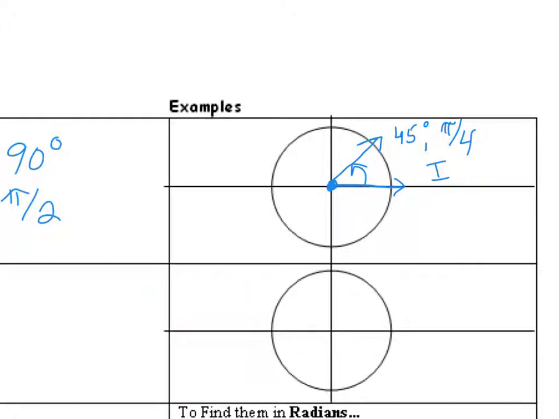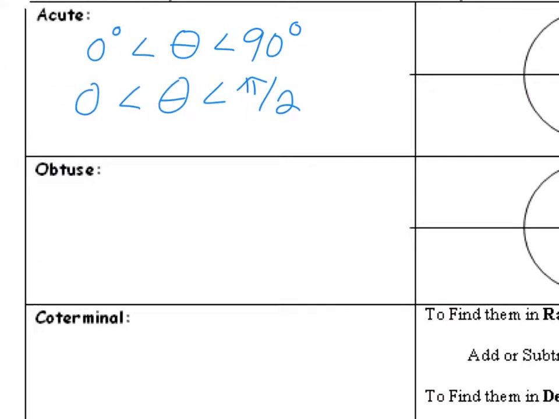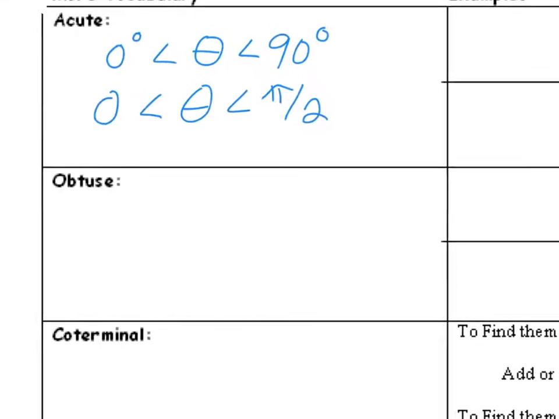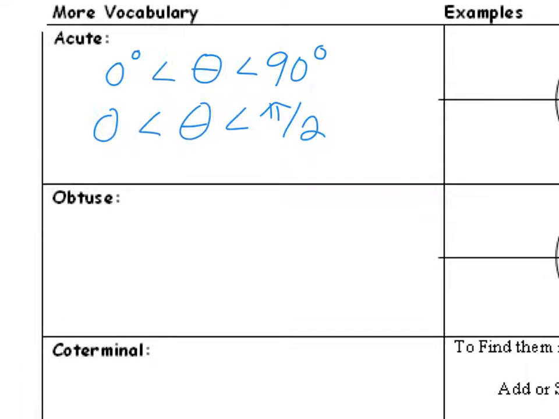If you're an obtuse personality, your personality fills the room, it's very large. Maybe you have some very obtuse friends. You might not call them that, but you know who they are. They feel like they're omnipresent. They're like everywhere. So obtuse personalities are big personalities. Obtuse angles are big angles. So these are going to be our angles that are bigger than 90.